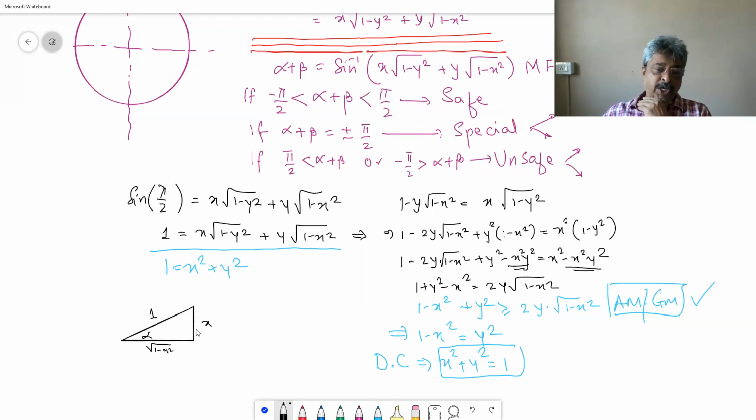Alpha plus beta, if it is less than 1, then the angle is in control. That is what we would like to say.